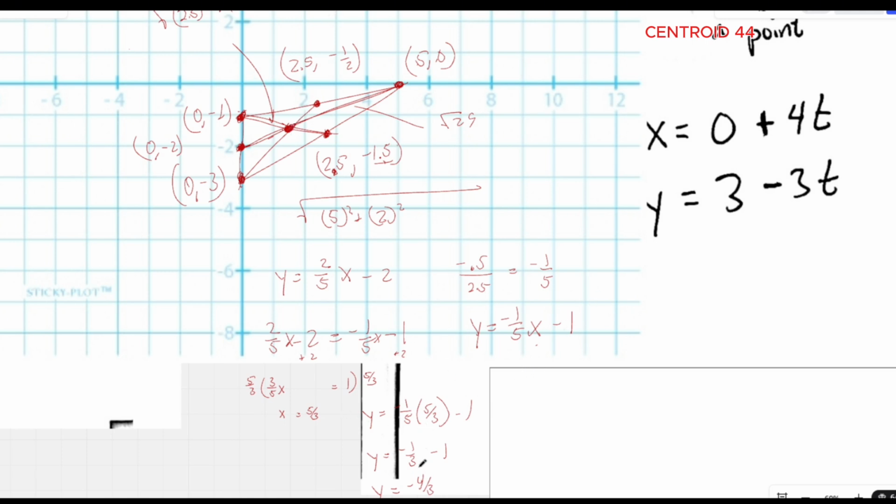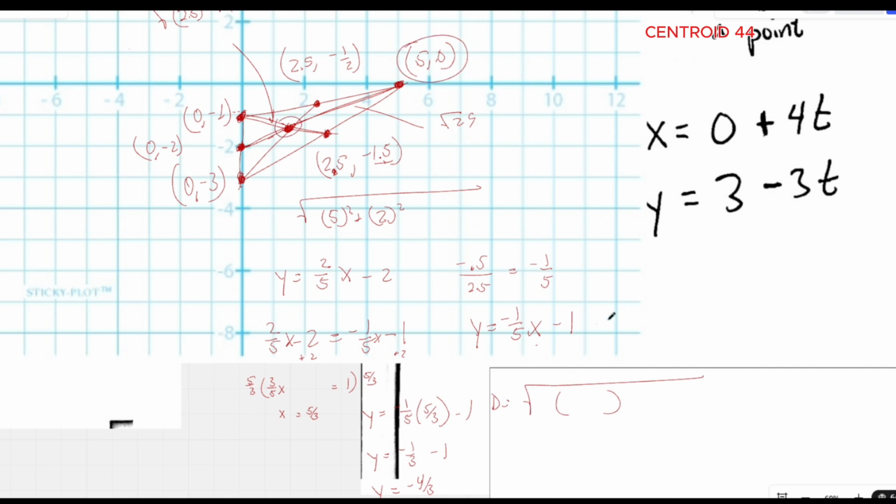And it's not over because now I need to find the distance from this point to each of these vertices. So I think I'm going to skip that part. It's just busy work. So the distance formula is x2 minus x1.